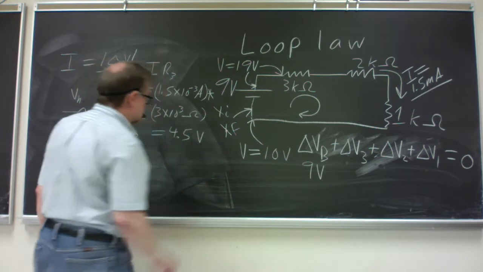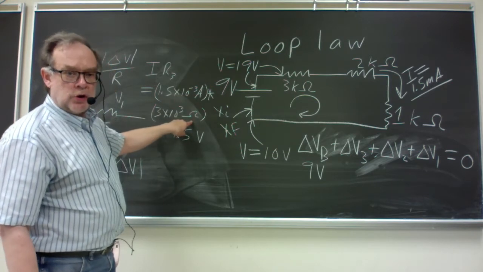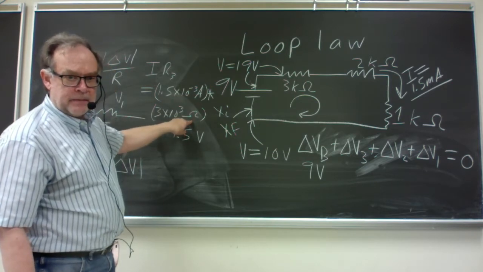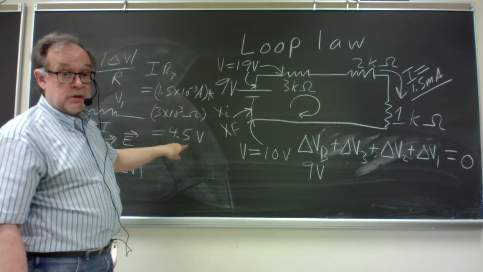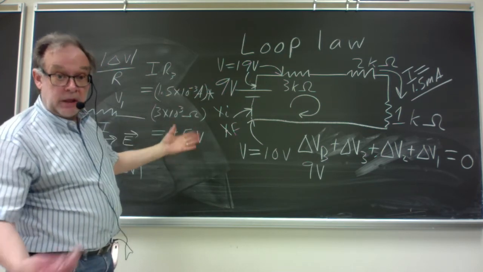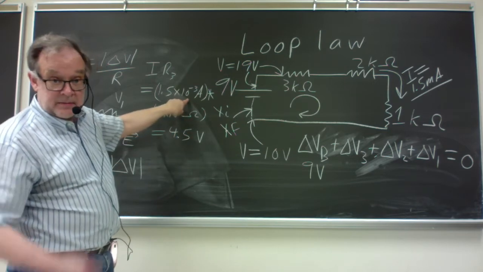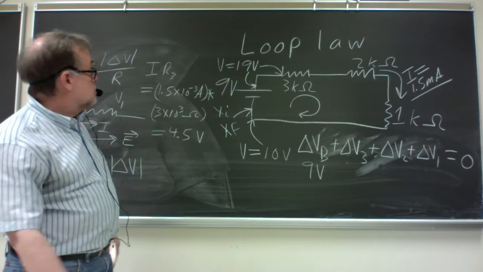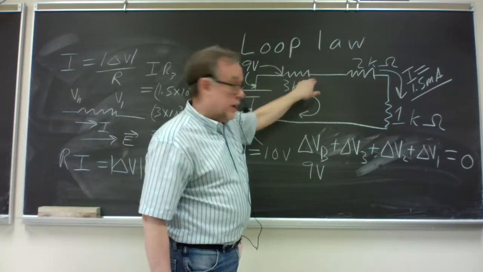4.5 volts. If you multiply amps times ohms, you automatically get volts. If you multiply milliamps times ohms, you don't get volts, you get millivolts. So to have the correct units, you have to write this in amps, not milliamps. So the potential difference between here and here is a drop of 4.5 volts.